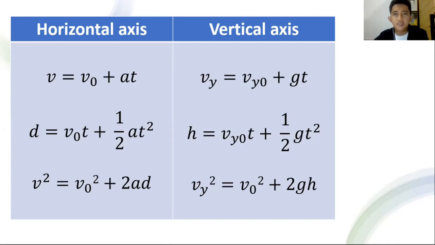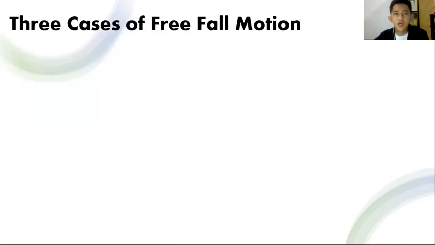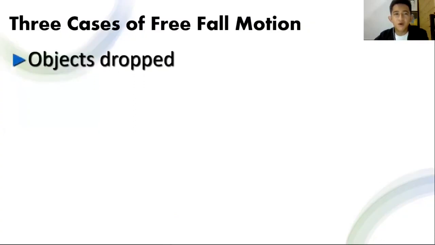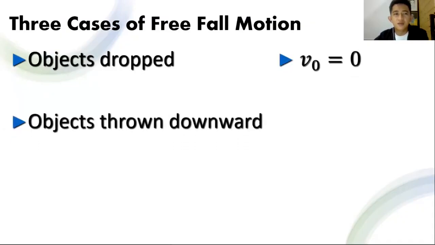There are three cases of free fall motion. Number 1, objects dropped, where the initial velocity is equal to 0. Number 2, objects thrown downward, where the initial velocity is not equal to 0.